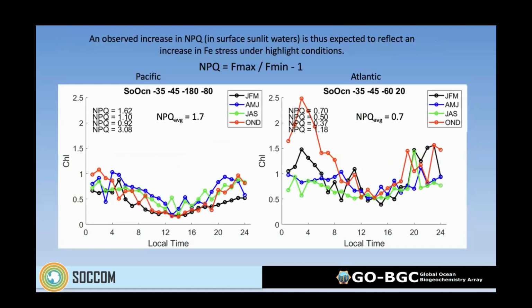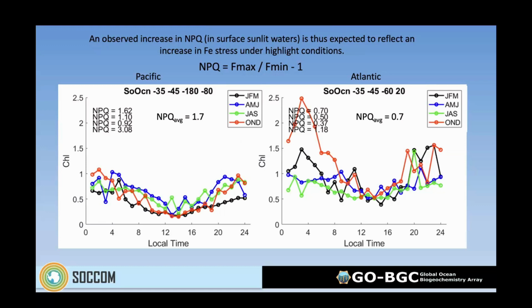And so you can, for example, look at 35 to 45 south latitude, all of the Pacific Ocean, and here's the Atlantic. We generally believe the Atlantic has more iron in it, right? Because of wind dust blowing off Patagonia. And the NPQ, seasonally again, but on average in the Pacific Ocean, the average NPQ is 1.7, and in the Atlantic it's 0.7, which kind of makes sense.